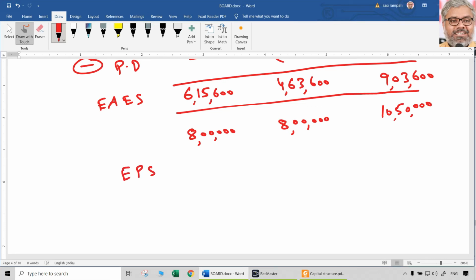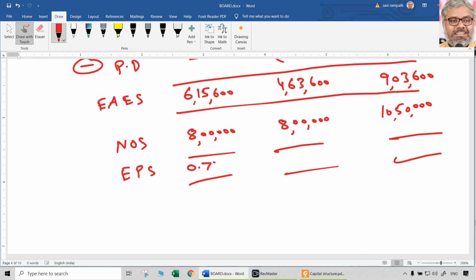That's all. All that we need to do is the EPS calculation. Do that. 6,15,600 divided by 8 lakhs is 0.77, let us say to 2 digits. 4,63,600 divided by 8 lakhs is 0.58, let us say, and 9,03,600 divided by 10,50,000 comes to 0.86.